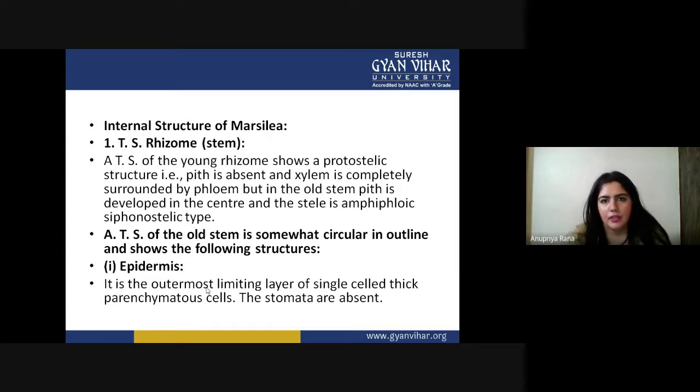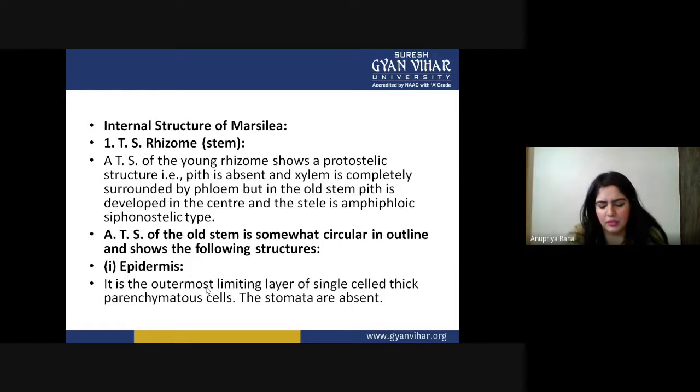Epidermis, the first thing which we always study in the anatomical portion, because it is the outermost layer and the covering layer. So epidermis is the outermost limiting layer, single cell thick, parenchymatous cells, and the stomata are absent.